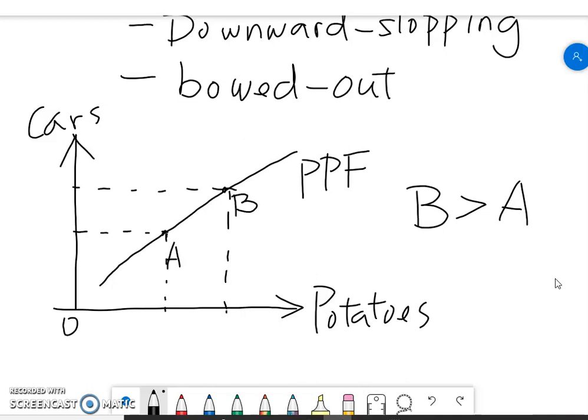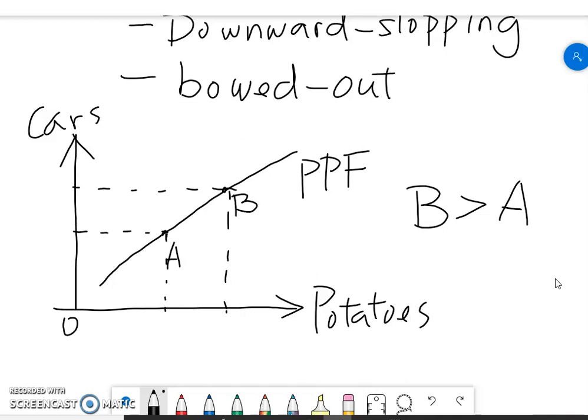So logically, if B stays on the frontier, A must be below the frontier, because it produces fewer of both. However, an upward sloping PPF tells us both A and B are on the frontier at the same time. So logically, this is wrong. This is a contradiction. So this tells us that the PPF must slope downward.